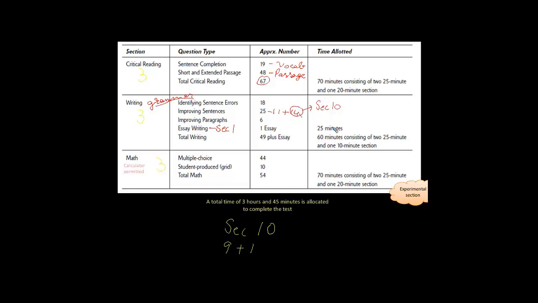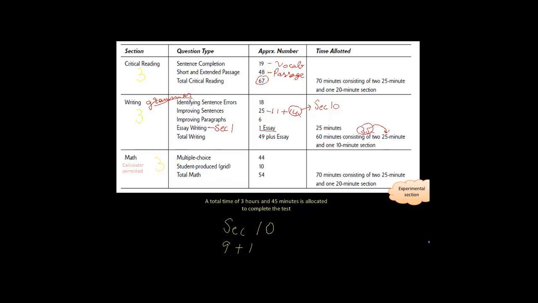You have a 25-minute essay, and you have a section which has 18 plus 11 plus 6, that means 35 questions, which is for 25 minutes. What all this tells you is that you have 60 minutes and a lot of questions to do. So time management is a big issue in writing.